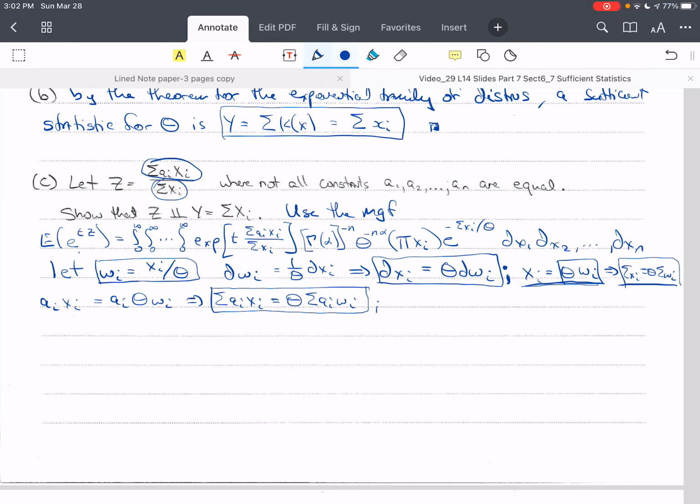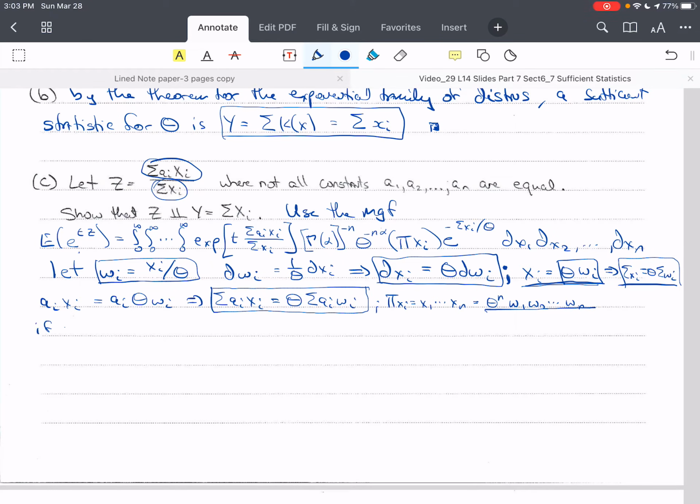So I have the product of x sub i, x sub 1 up to x sub n multiplied, equals theta to the n, w_1, w_2, up to w_n, the product. Okay? And so we need this quantity as well.